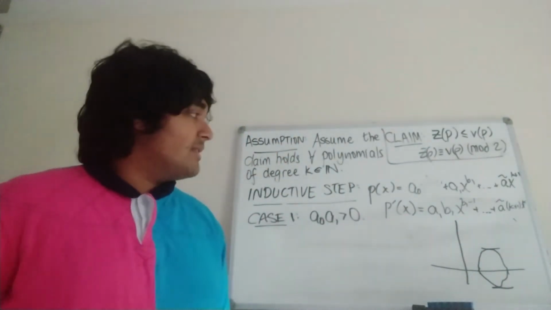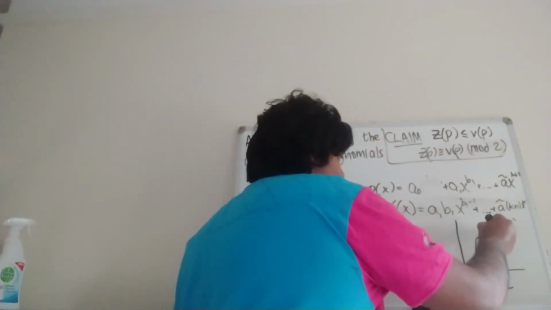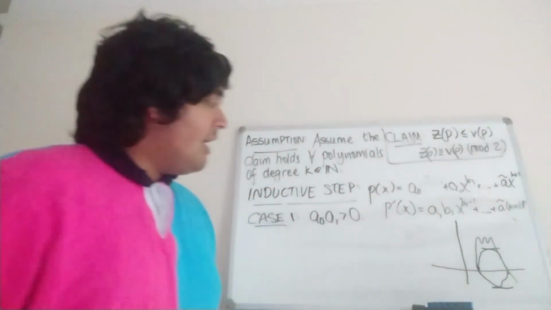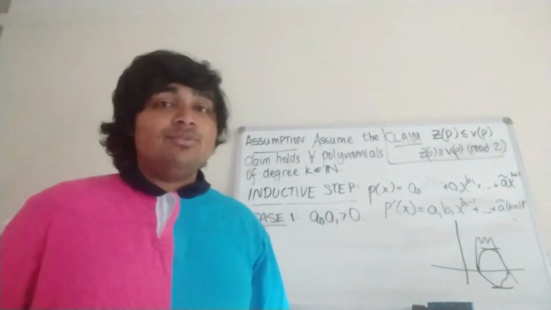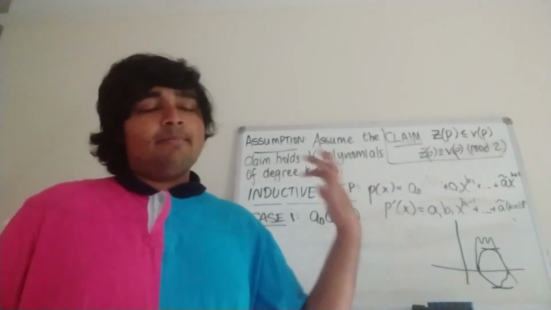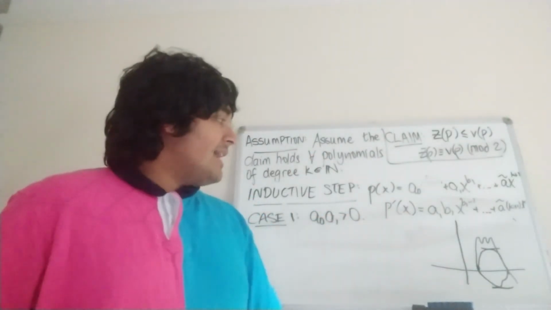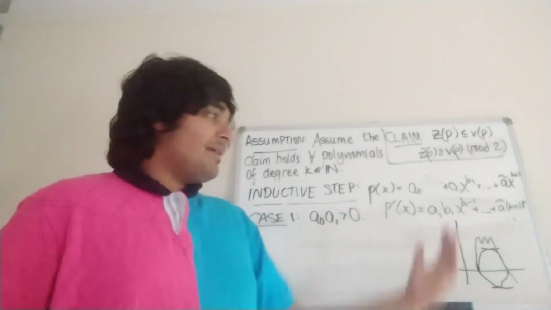Okay, but you can clearly see it's got at least one point where the derivative is 0. It could have many points where the derivative is 0. It could do something like this and then pass through. Okay, but basically between any two zeros of the function, we're going to have at least one point where the derivative is 0. Okay, and that's the fancy way of saying that is Rolle's theorem.